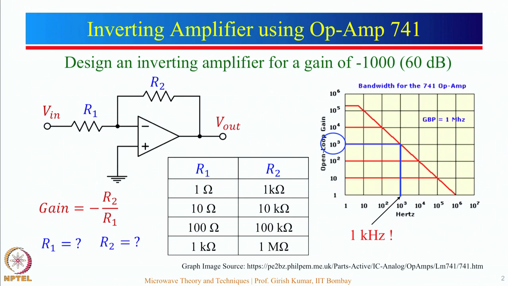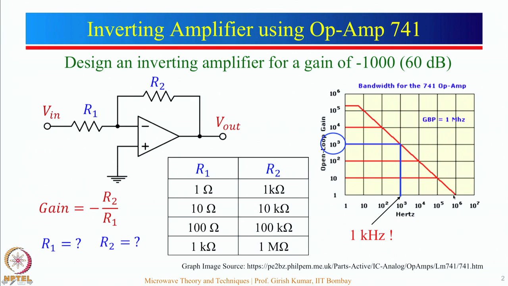Now there is another problem associated with the op-amp, and this is the typical gain variation with frequency. So let's see what we have over here. So you can see that there is a peak gain of around 10 to the power 5 over here, and then the gain is reducing. Now typically for a 741 op-amp, gain bandwidth product, which is what is written over here, is 1 megahertz.